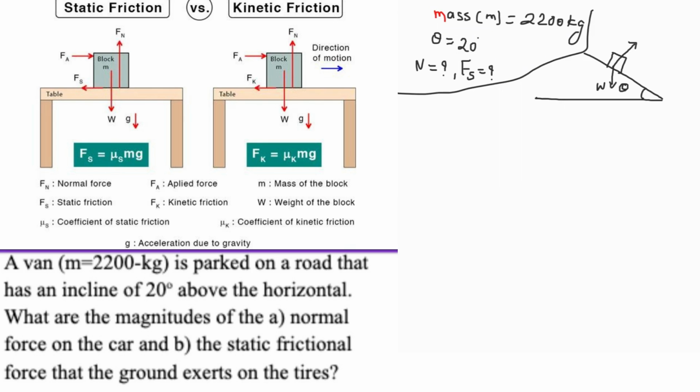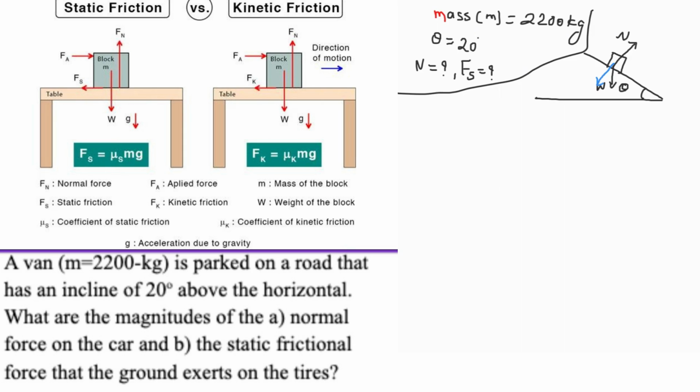Now, this is what the normal force is. What has happened is that your weight is making some angle with the line parallel to the normal force, because this blue line represents what?